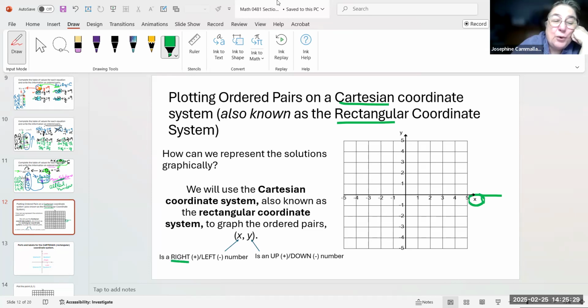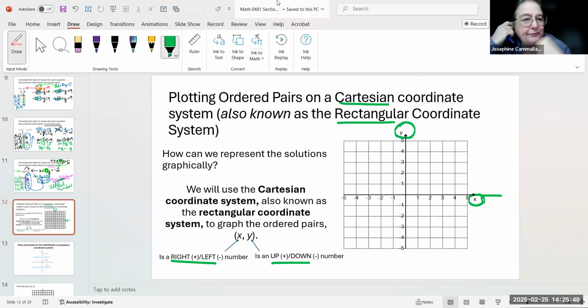My x in an ordered pair is my right-left number. I go right or left first. And then my vertical line is my y-axis. It is my up-down number.